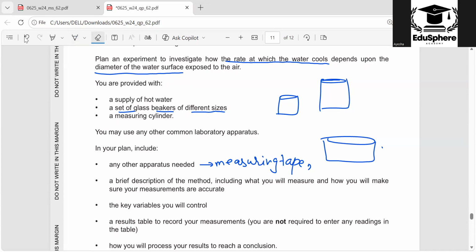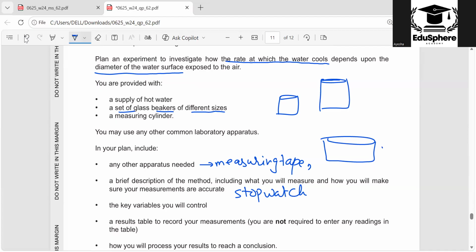After the measuring tape, we should have a stopwatch or the timer to see the time, the rate at which the water in the beaker cools down.